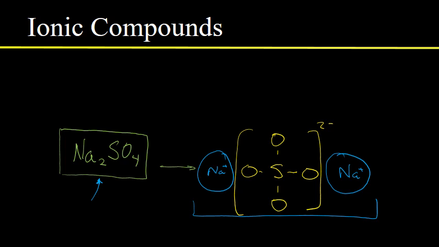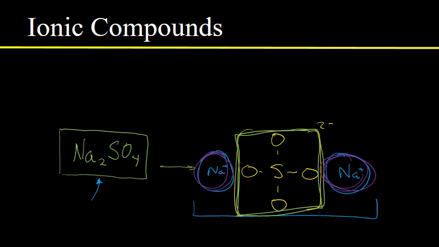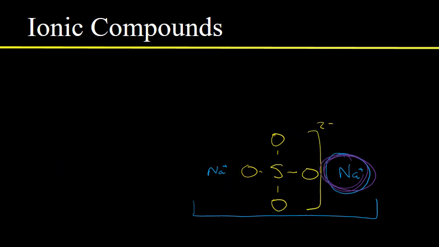And what this actually is, is a compound with two distinct parts to it. It's got a sulfate, which is SO4 with a 2 minus charge, and then it has two sodiums attracted to it, kind of added to it with an electrostatic attraction between the positive charge on the sodiums and the negative charge on the sulfate ions.